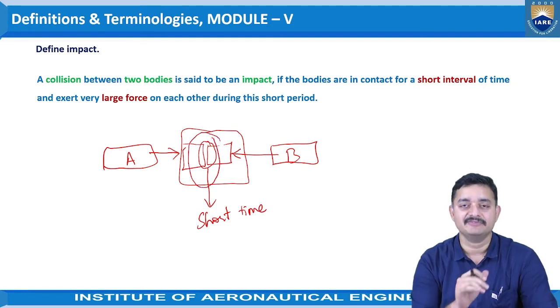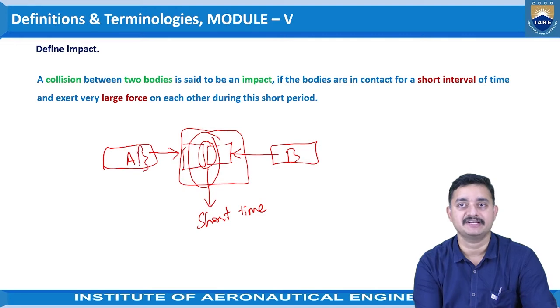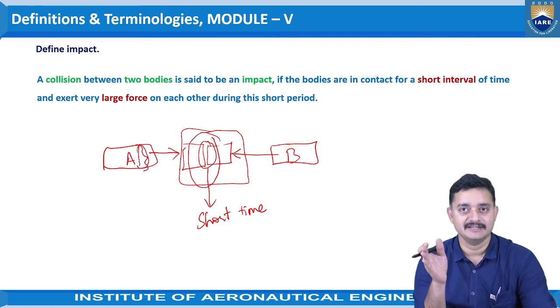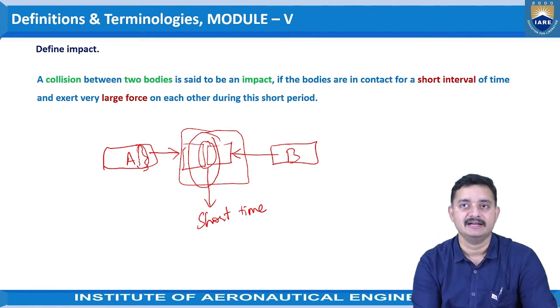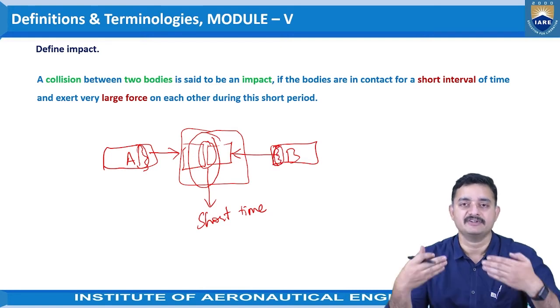And in this 1/5 of a second, the collision point or the contact point of car A gets deformed, gets compressed. And car B also, the front side of this car, gets deformed after getting into contact.